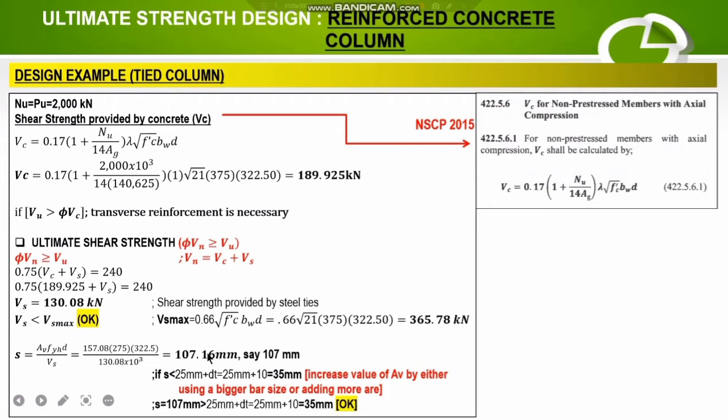And take note that if the spacing is less than 25 mm plus dt, we need to increase the value of Av by either using a bigger bar size or adding more area. Since our spacing S is equal to 107 mm and it is greater than 25 mm plus dt, equal to 35 mm, the design of our spacing for the transverse reinforcement is okay and safe.